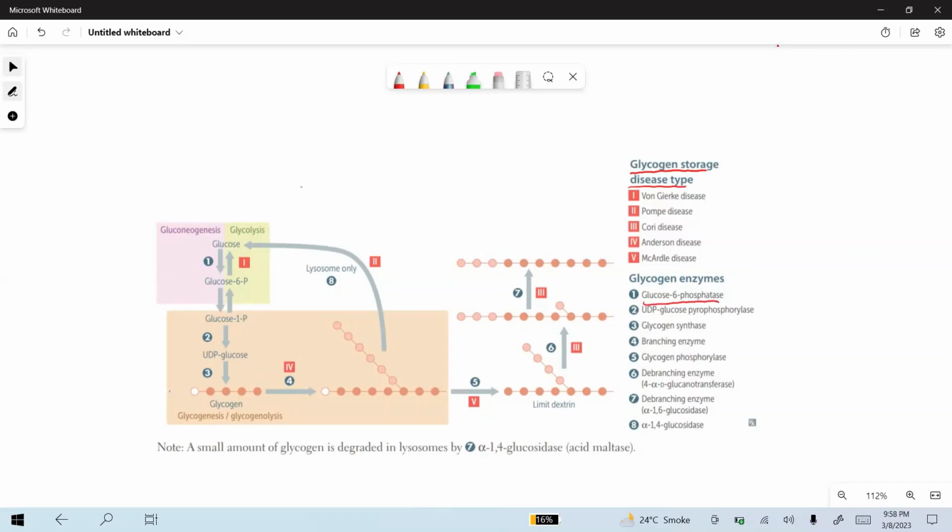A phosphatase removes phosphate from the substrate. Next, glucose 6 phosphate is converted to glucose 1 phosphate, then to UDP glucose, and this UDP glucose is ultimately converted to glycogen. This enzyme is glycogen synthase, and it is the rate limiting enzyme.